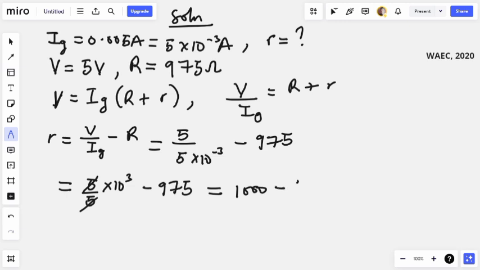So 1000 minus 975 gives us 25 ohms. So the value of the internal resistance of the galvanometer is 25 ohms.